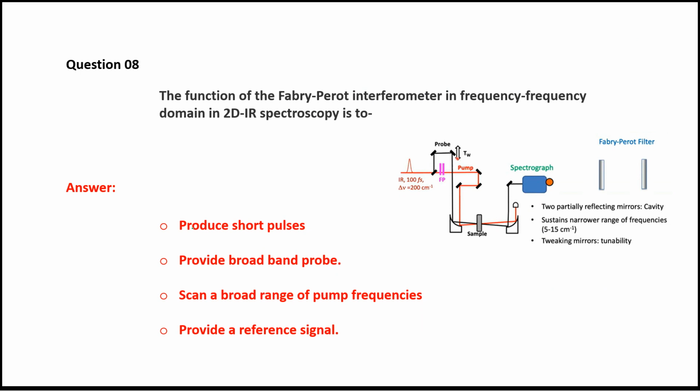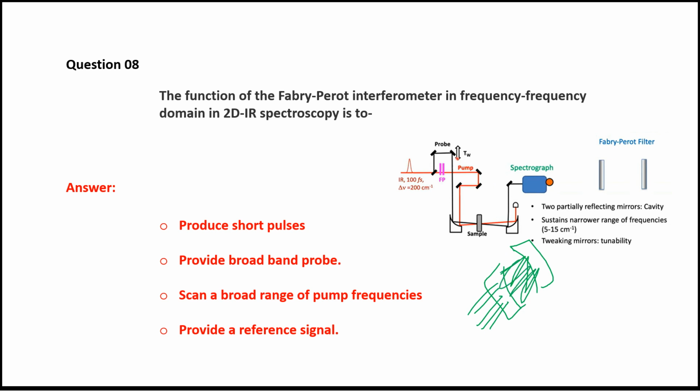The function of the Fabry-Perot interferometer in the frequency domain in 2D IR spectrum is to scan a broad range. So what does every Fabry-Perot filter do? A Fabry-Perot filter is like two semi-reflecting mirrors that generate a cavity. As soon as the light enters inside, it will just go back and forth within this cavity.